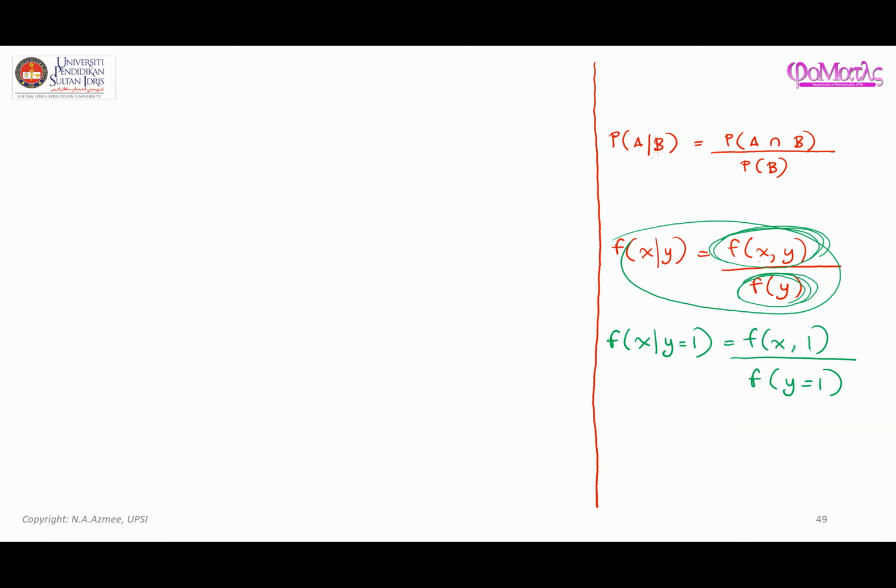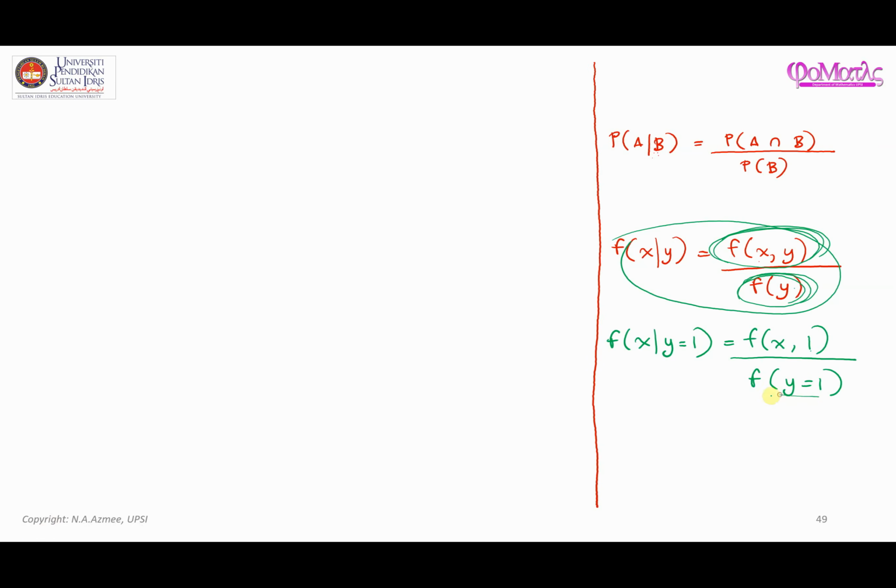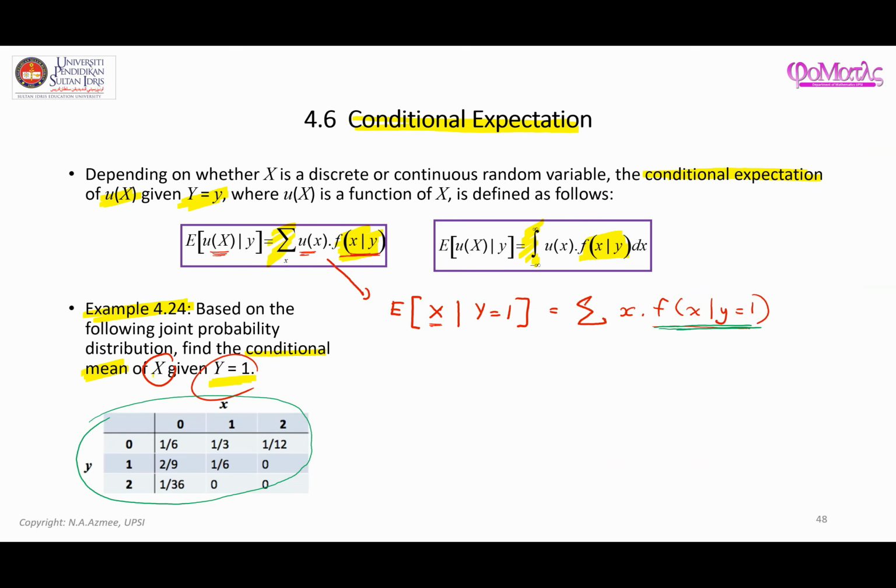I'm not going to explain in detail because I've already talked about the idea of marginal distribution in the previous video. So I'm just going to focus on finding this part right here. We need to find out from this table, when y is equal to 1, we need to add up all the probabilities here in order to find fy equals 1 really.